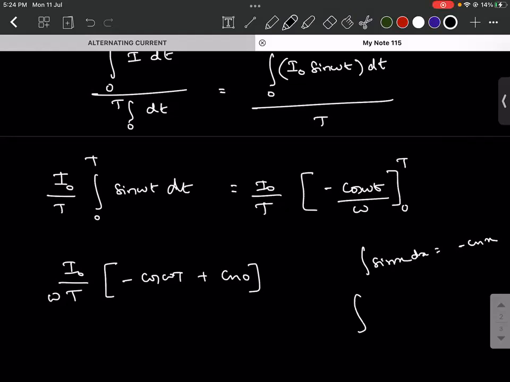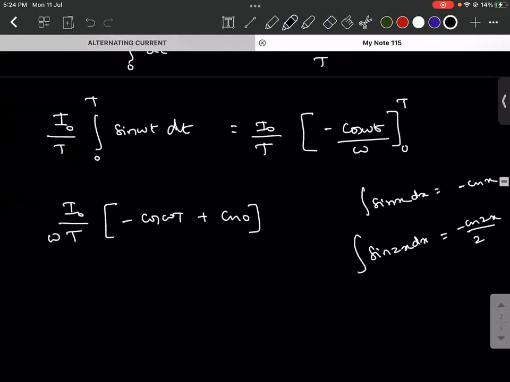Integral of sin 2x dx is equal to minus cos 2x divided by 2, because whenever you differentiate the output of an integration, you should get back the question. Are you able to understand? For example, if I differentiate minus cos x, I'll get sin x. If I differentiate minus cos 2x divided by 2, I'll get sin 2x. If I don't write that 2 in the denominator, I'll not get it.